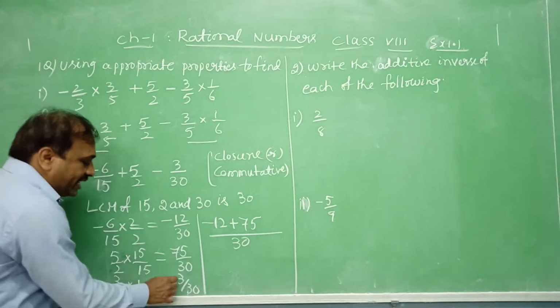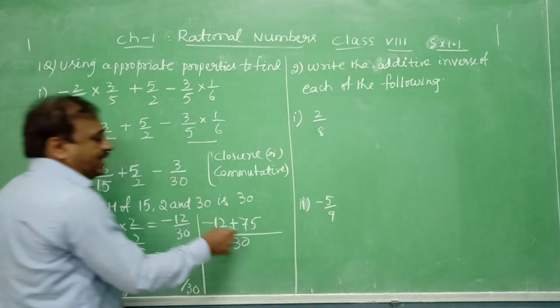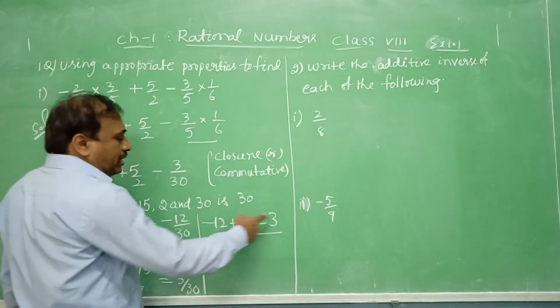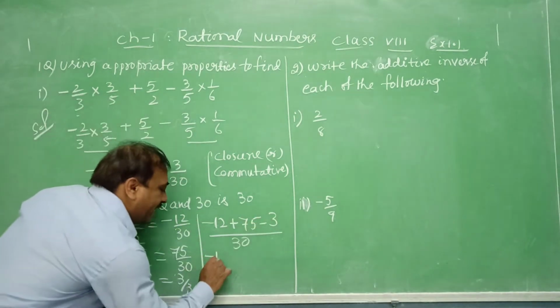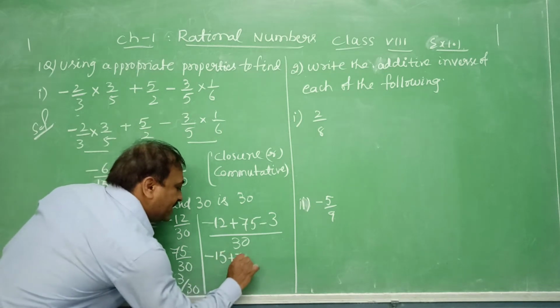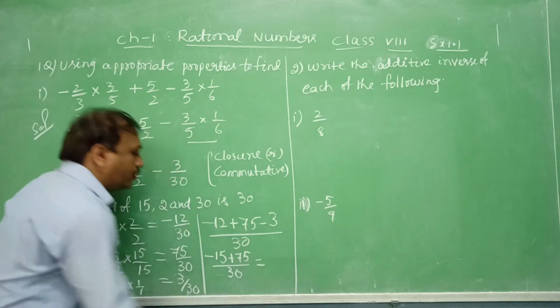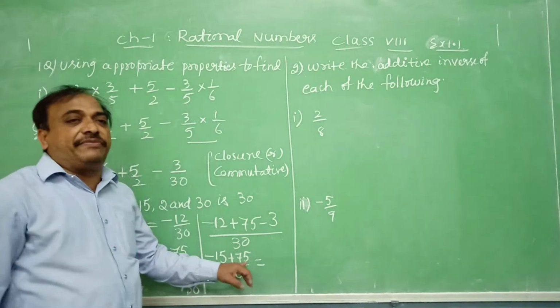Minus. So it is plus 3, but here we have minus. Plus into minus is minus. Now minus 12 minus 3 will give you minus 15 plus 75 by 30.